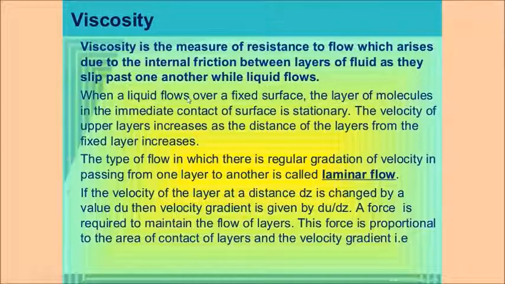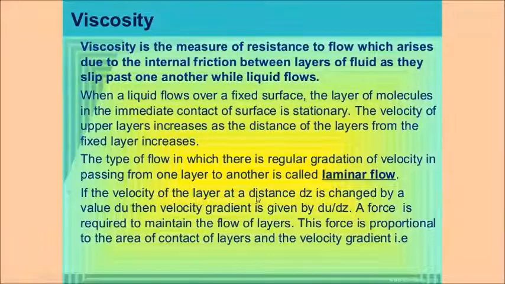When a liquid flows over a fixed surface, the layer of molecules in immediate contact with the surface is stationary, and the velocity of the upper layers increases as the distance of the layers from the fixed layer increases. This type of flow, in which there is a regular gradation of velocity in passing from one layer to another, is called laminar flow.